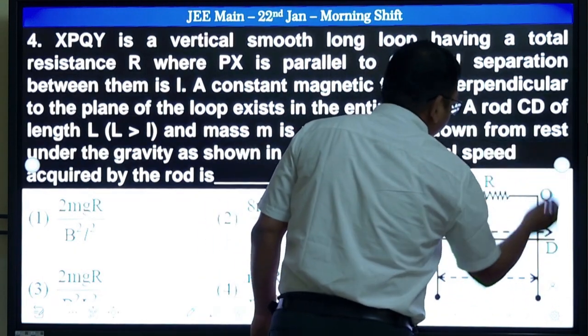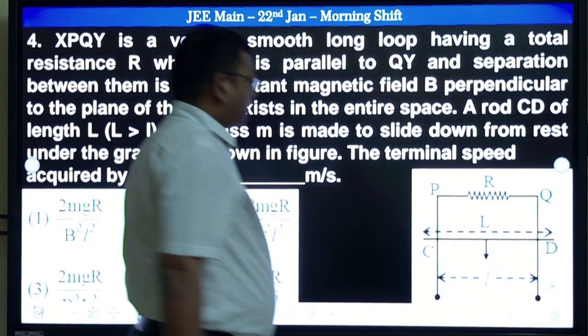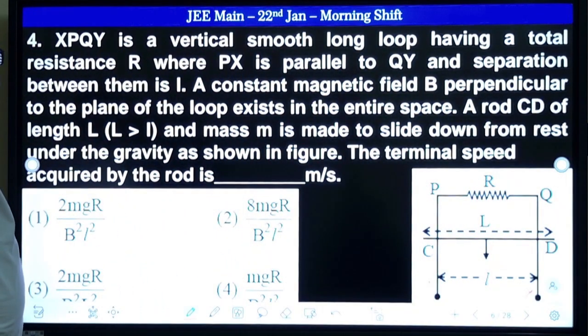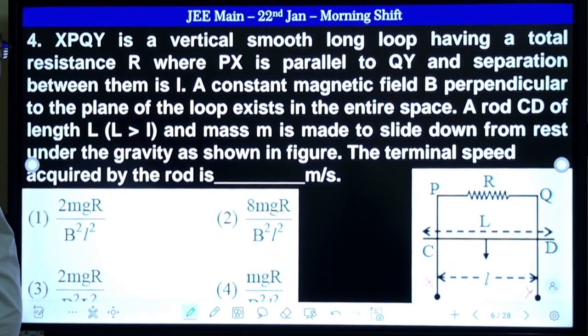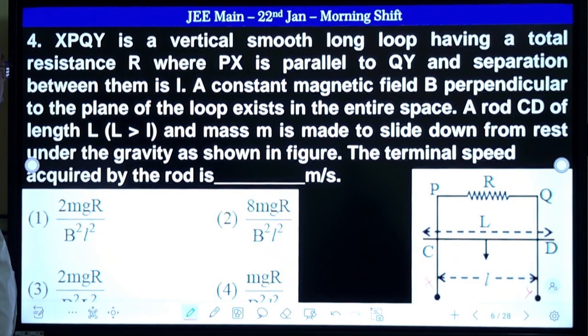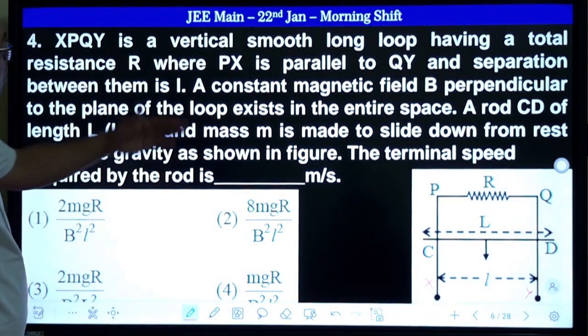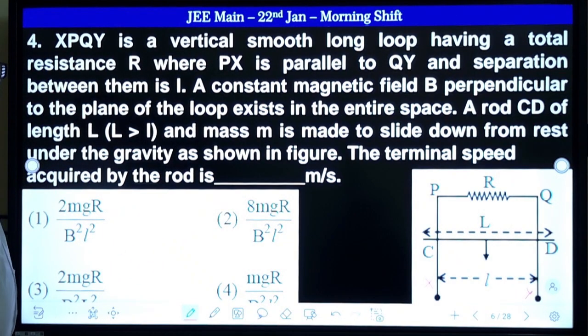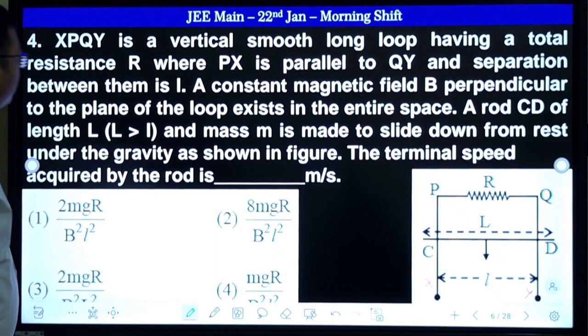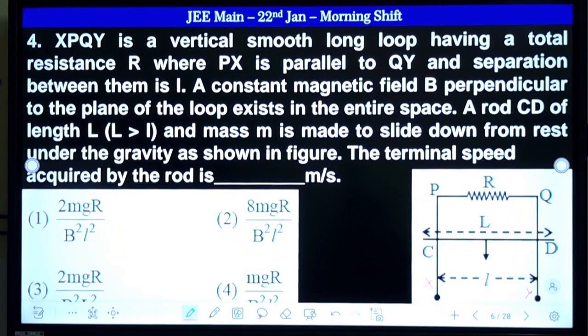What is the question? The length is L, and a constant magnetic field perpendicular to the plane of the loop exists in the entire space. A rod CD, sliding, of length l greater than L and mass M, is made to slide down from rest under gravity as shown. The terminal speed acquired by the rod is.